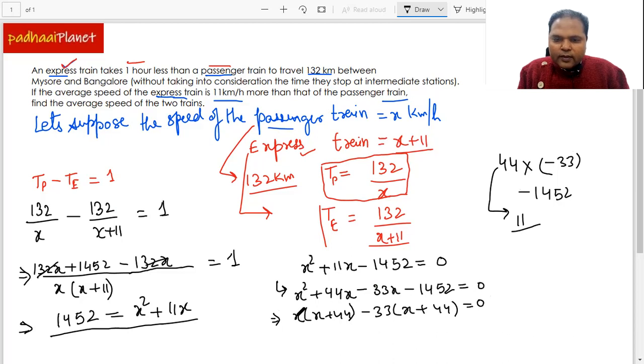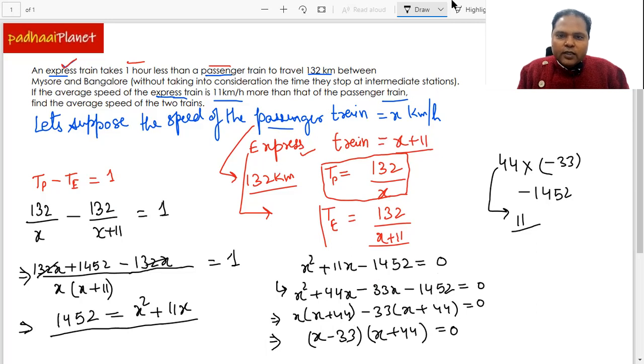So the factors are x minus 33 and x plus 44, all equal to 0.